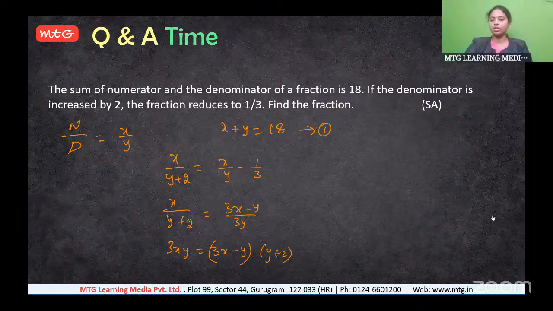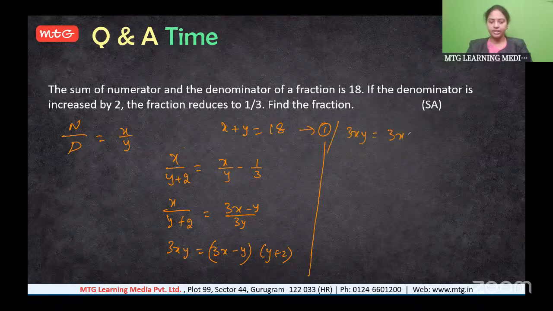Now, how will I solve this further? I need to multiply the binomial on the right side. I will get 3xy equals 3xy plus 6x minus y square minus 2y.